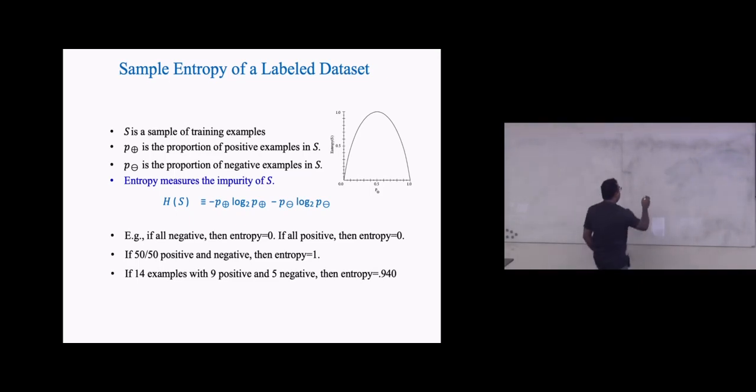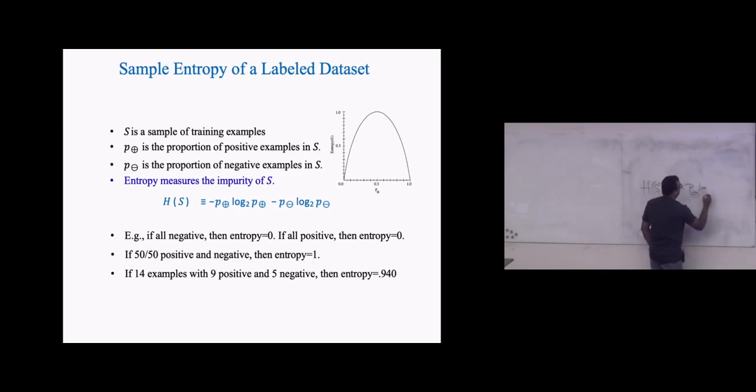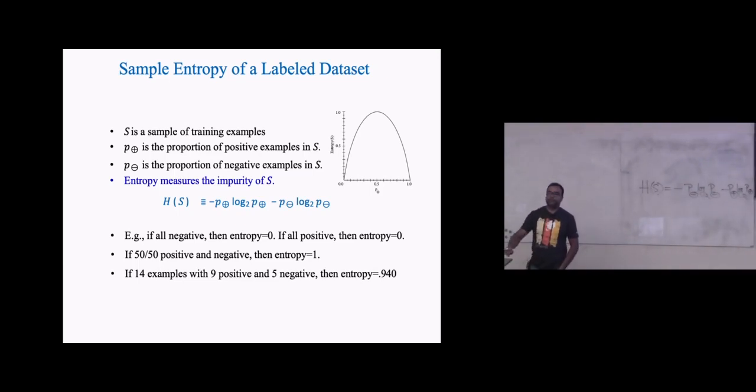So entropy defined for the binary variable is essentially this: minus P minus log base 2 of P minus, minus P plus log base 2 of P plus. And this is going to define how uncertain your variable is.